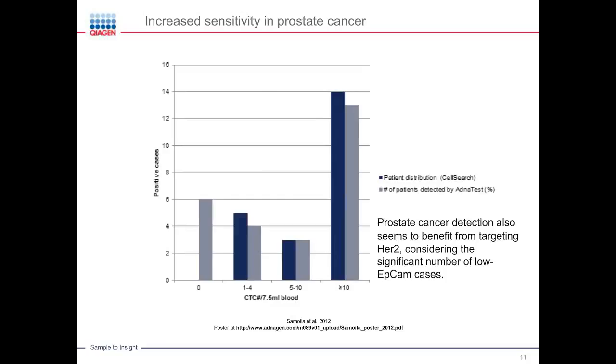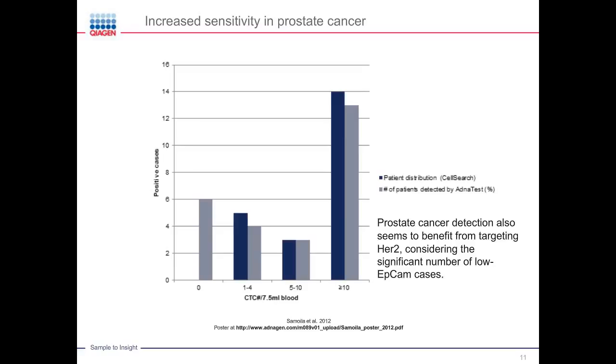The same we can see even in prostate cancer, and this was quite surprising to me because I thought prostate cancer is one of the cancers that is most likely overall AdCam positive. And interestingly, it was not the case. So in this little study we did at the Memorial Sloan Kettering in New York, we compared again our prostate cancer capturing using anti-HER2 and anti-AdCam in combination.